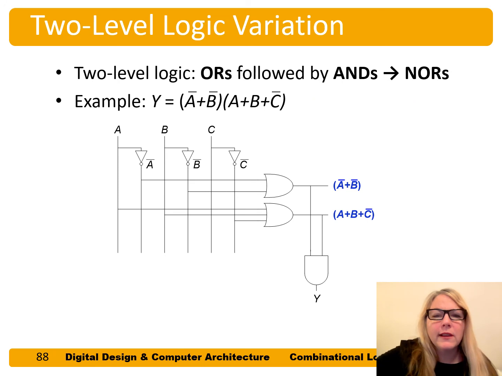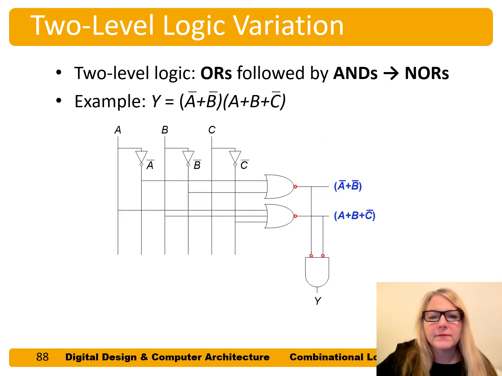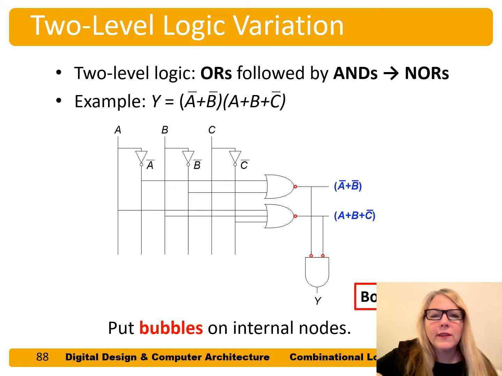And if we put bubbles on those internal nodes, again, those turn into NOR gates, two forms of the NOR gate. And remember, this is a NOR gate, and this is also a form of the NOR gate.